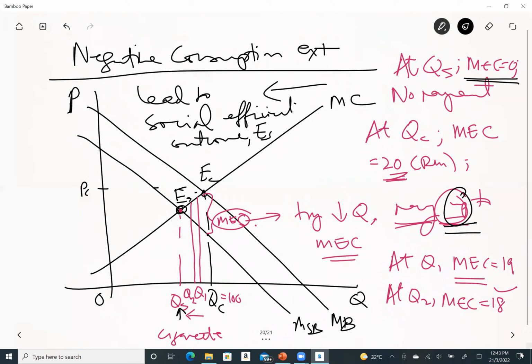So the bargaining is to pay. The affected party will pay the other party up to the MEC.